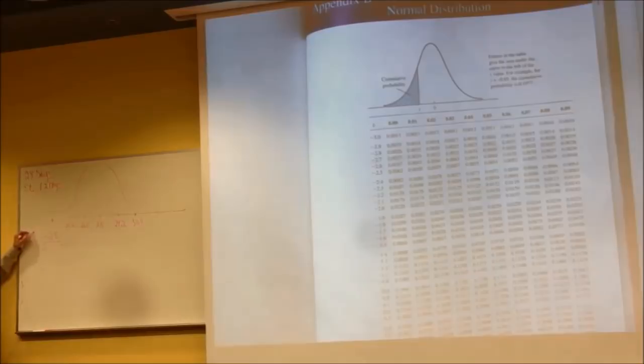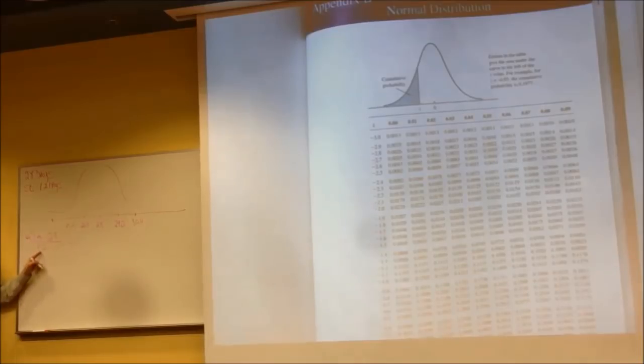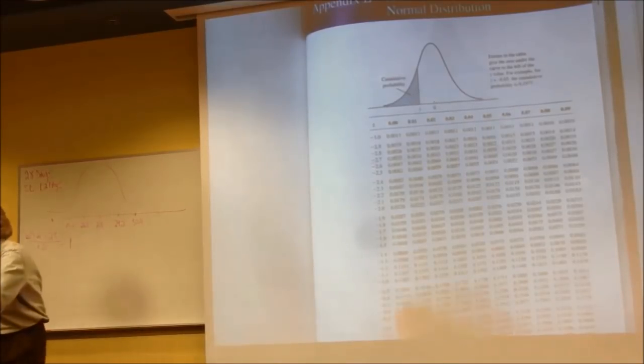Whatever you're being asked about, minus the expected number, or mean, divided by the standard deviation. This time our answer is +1, because I picked the number purposely as exactly one standard deviation above the mean. So we can look up +1 on the next page.